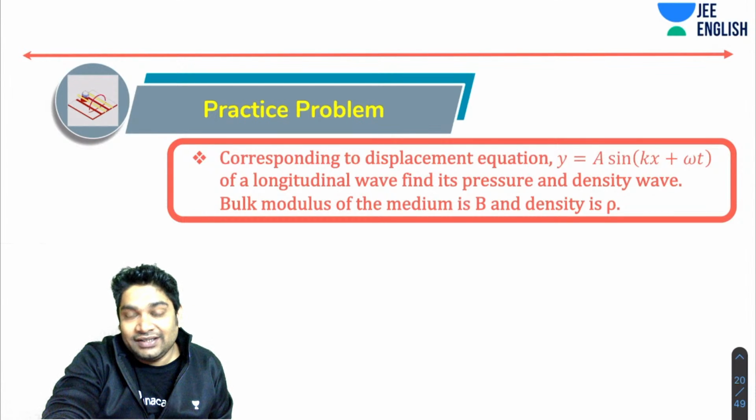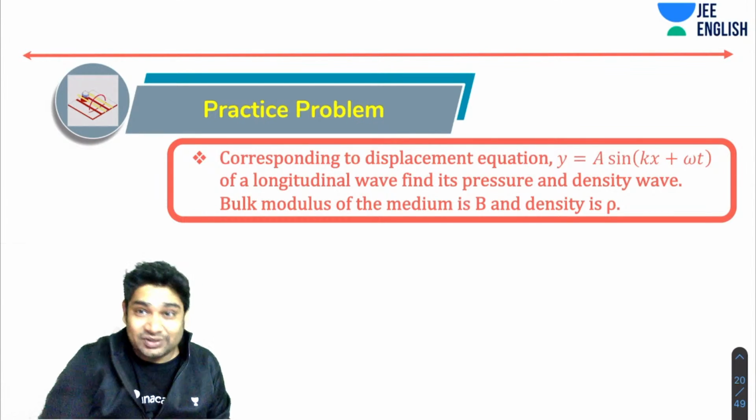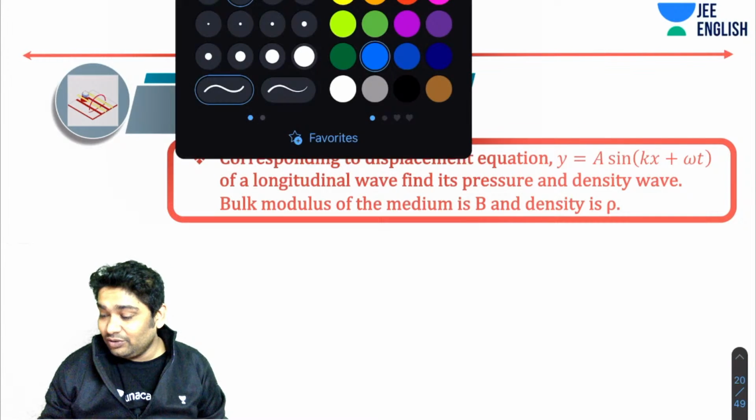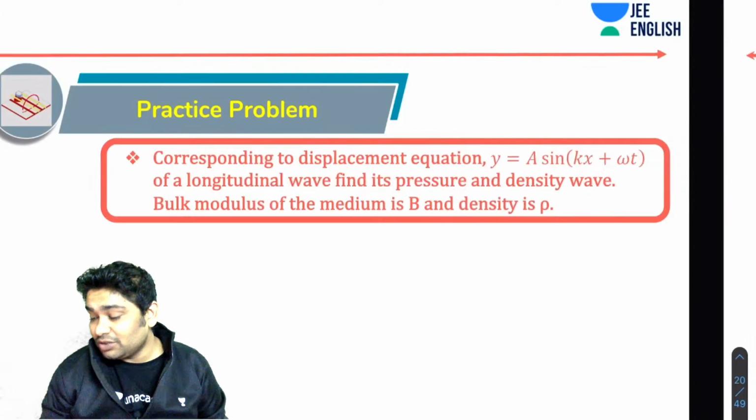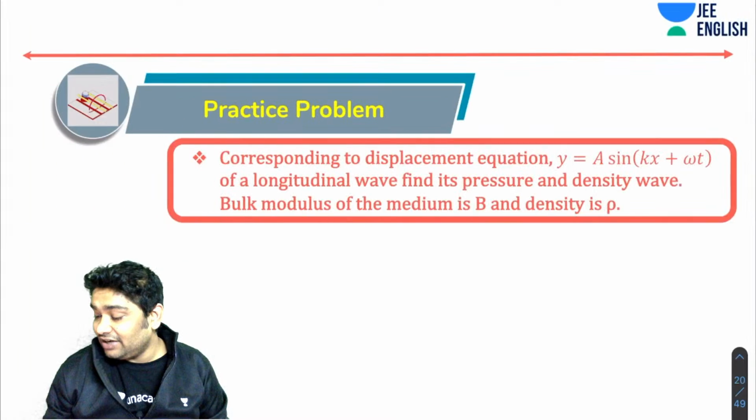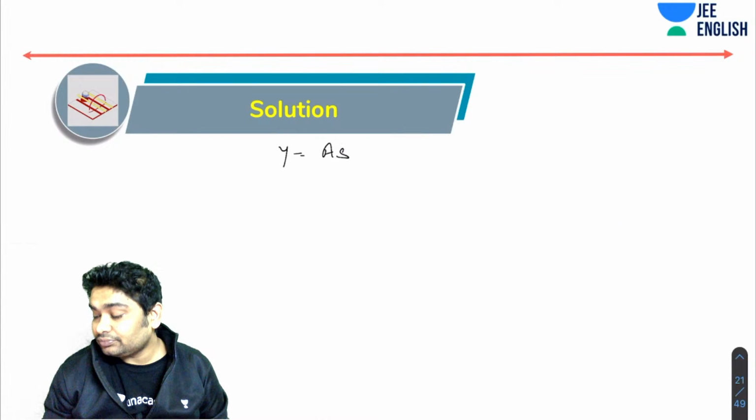If you remember the derivations or the final forms, this should be super simple. So let me write it for you. The displacement equation is y equals a sin(kx plus omega t).